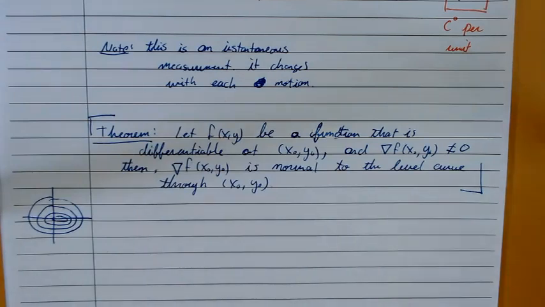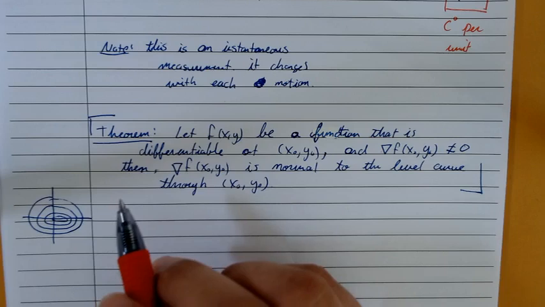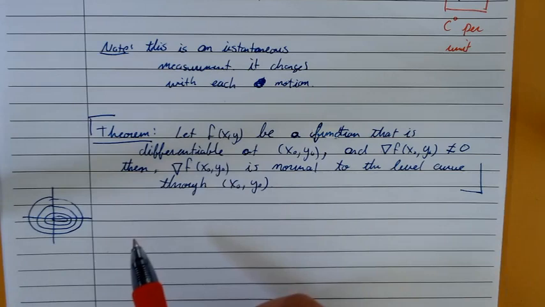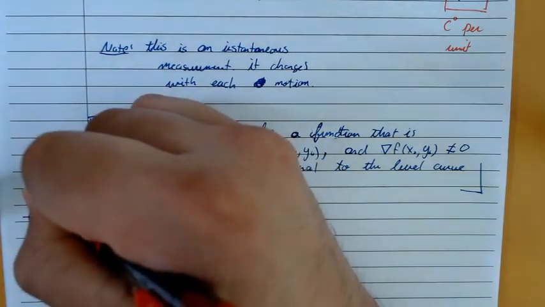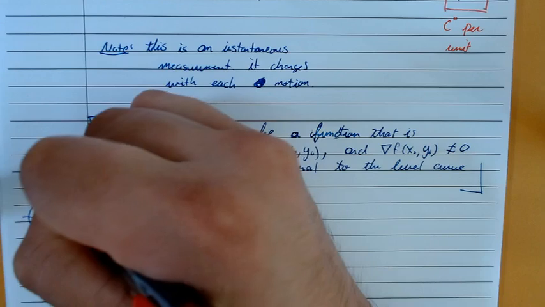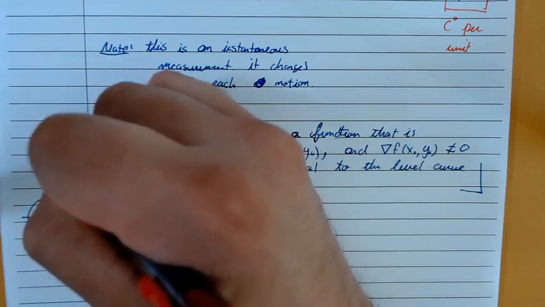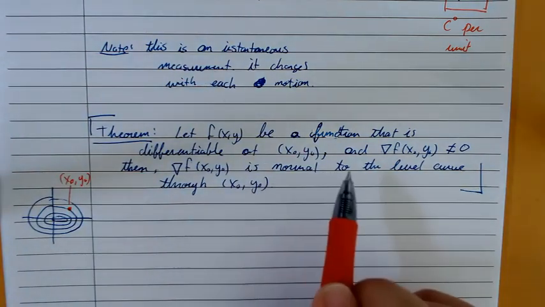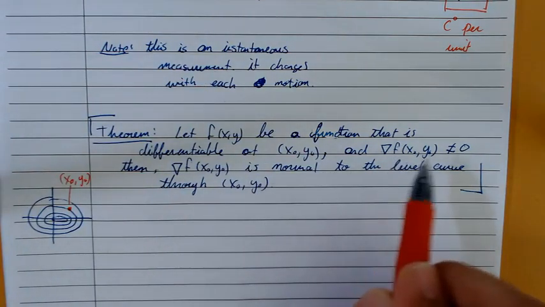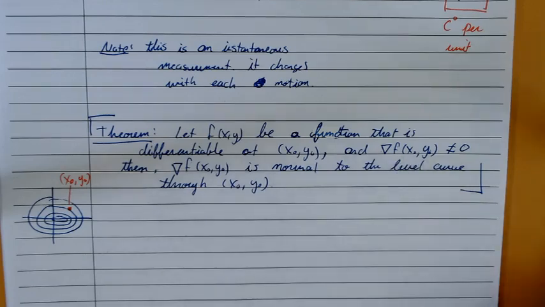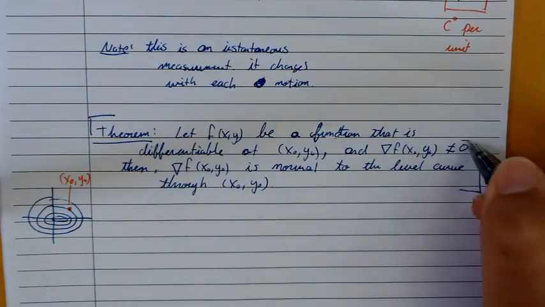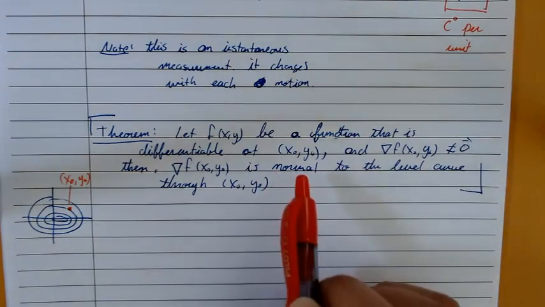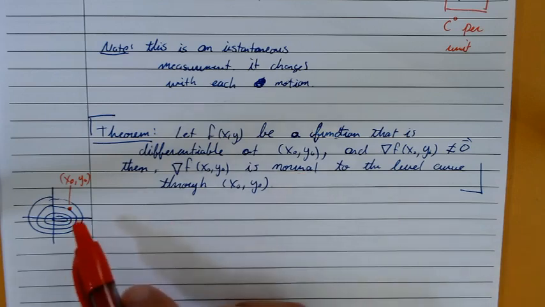All right, now, let's say you have a function f of x comma y. Here are the level curves. Let's say it's differentiable at some point, which we call x naught comma y naught. What it's saying is that the gradient, assuming it's not the zero vector, is going to be normal, is going to be perpendicular to the curve through this point.